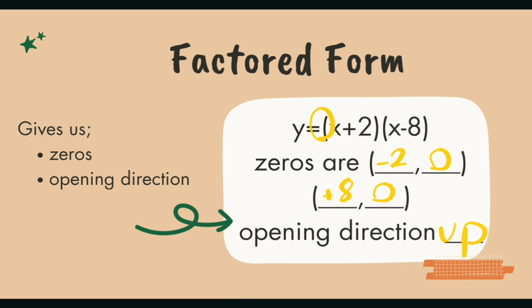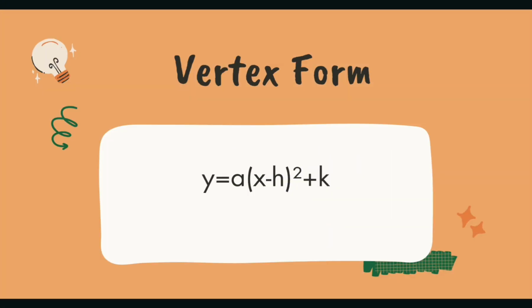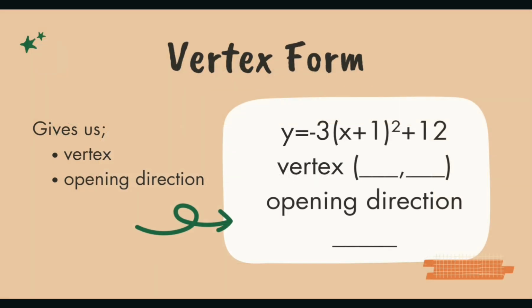Let's look at our last form. Our last form is vertex form. Vertex form is represented y equals a(x minus h) squared plus k. Vertex form gives us the vertex and opening direction.